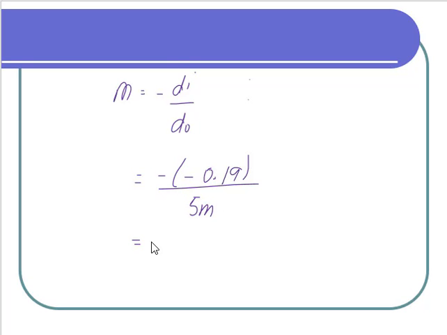So our answer for m would be 0.038, or we can have 0.04. But this time it has no unit because you have meters here, so we can just cancel the unit meters. So magnification is unitless. You can see here that the magnification is smaller than 1. Therefore, the image is not magnified, but it will be smaller than the object.